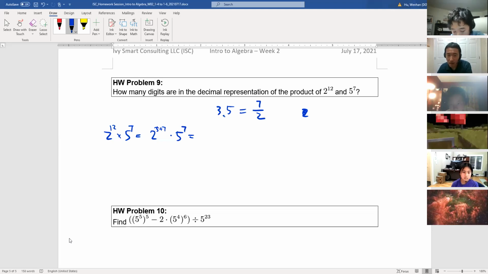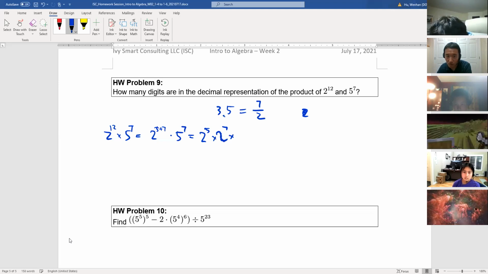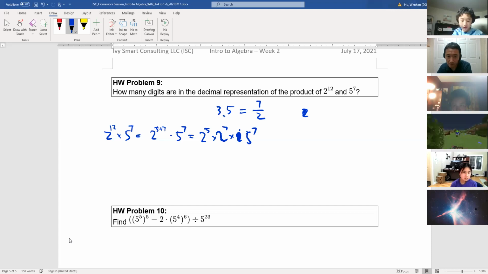I can break the 12 into 5 plus 7, and by the law of exponents, I have 2 to the 5th times 2 to the 7th, and then 5 to the 7th.